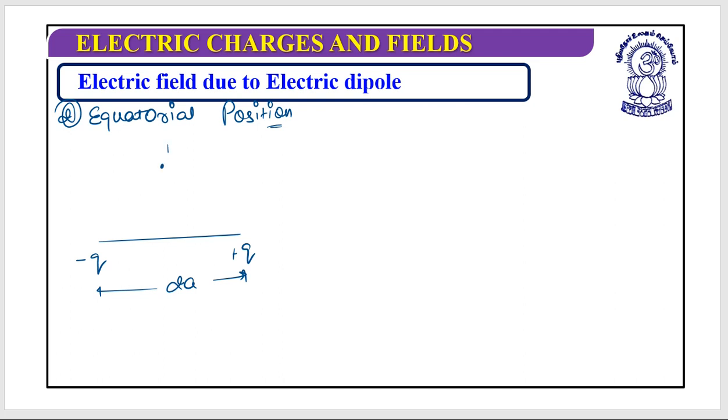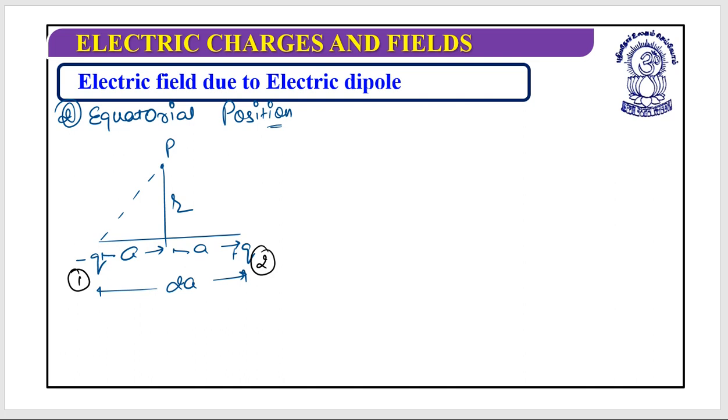This point is P. This distance is r. Now look at this. This would be a, again this would be a. Let's give them numbers. This is charge 1, this is charge 2.